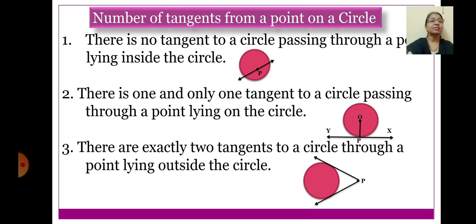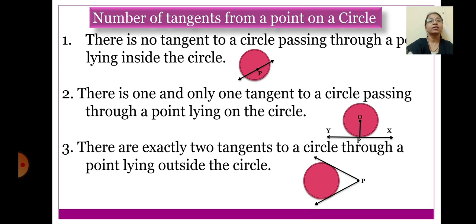Now we will see the number of tangents that can be drawn to a circle from different positions of a point. So we'll take 3 different positions of the point and let us see how many tangents can be drawn to the circle. In the first position, you can see in the diagram, point P is inside the circle. So when the point is inside the circle, how many tangents can be drawn?